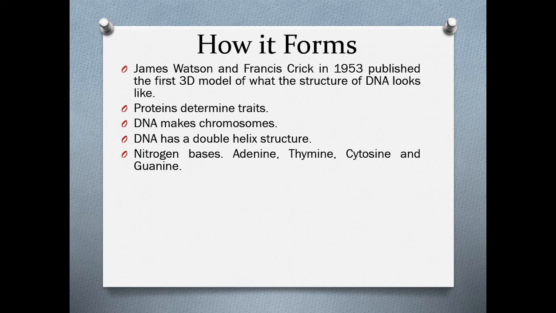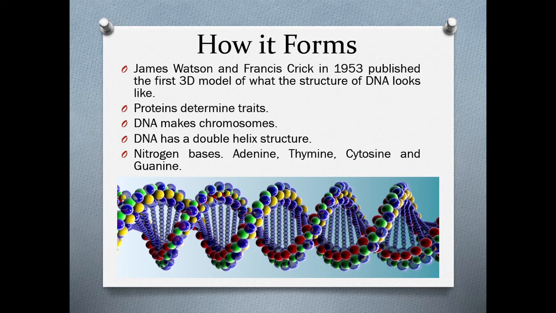But basically, they are going to pair up, and they cannot pair up randomly. Remember that adenine is only going to pair up with thymine, and cytosine is only going to pair up with guanine. And here's a picture of what a 3D model of DNA looks like.